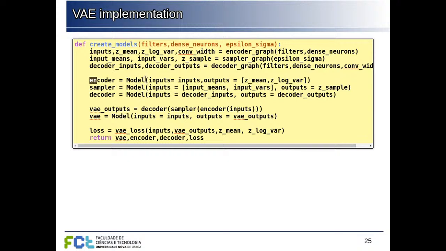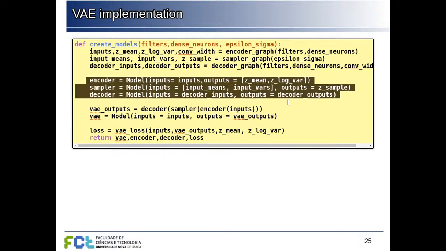For the encoder, we use the input, and the output will be the z mean and the log of the variance for the hidden representation distributions, and then the sampler will receive these as inputs and output a sample, and the decoder will have its own inputs and output, the decoder output, which will then compare with the input in the complete variational autoencoder. So basically we have three independent models here, but they can be fit together in this way.